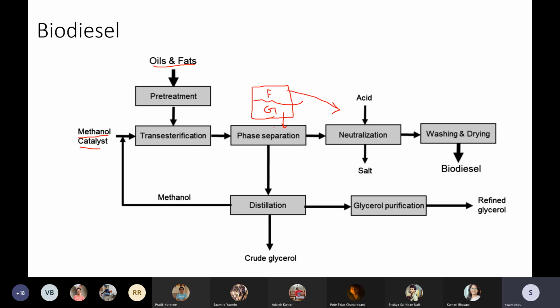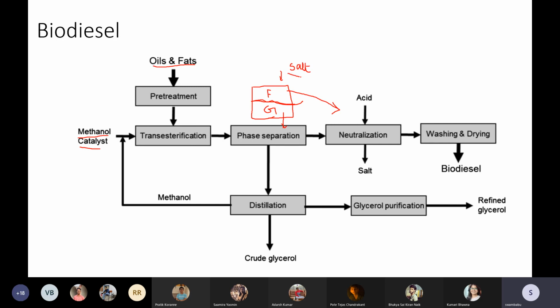And during the phase separation, to get a very distinct, clear layer between fatty esters and glycerol, they will add some salts. Because one is an oil-like component and the other is water-like, there is a chance of forming an emulsion.